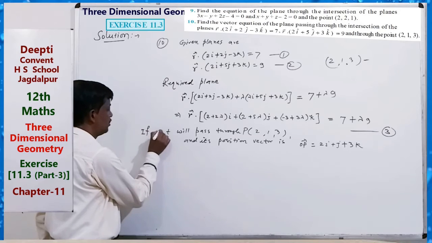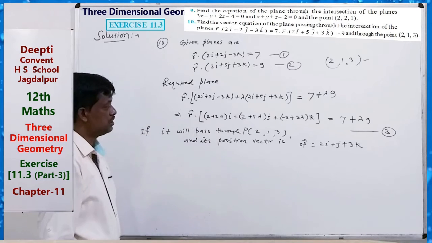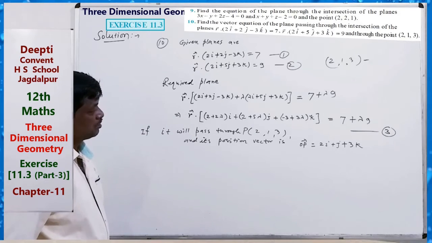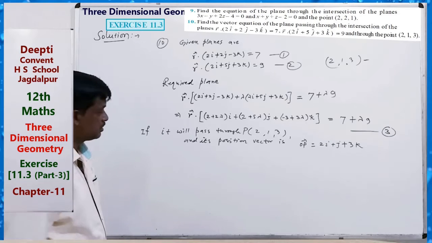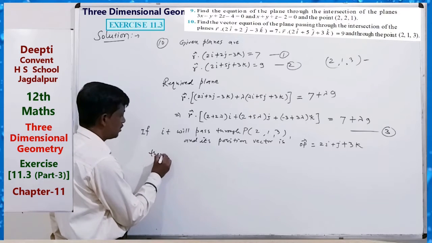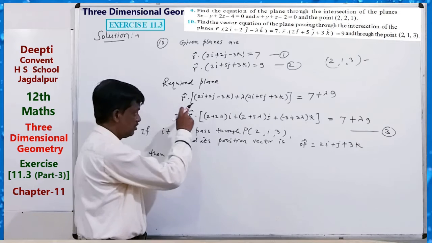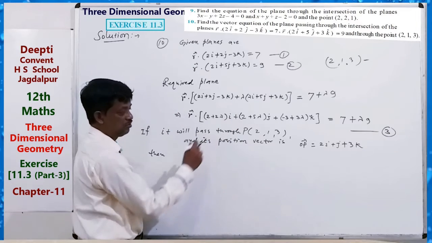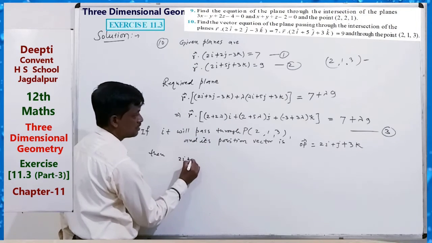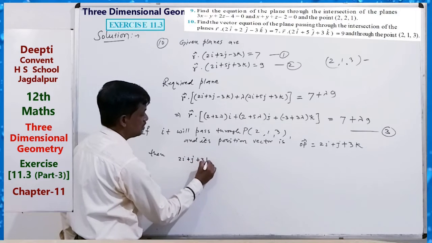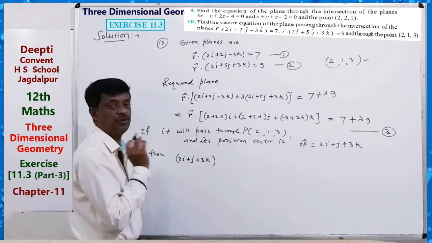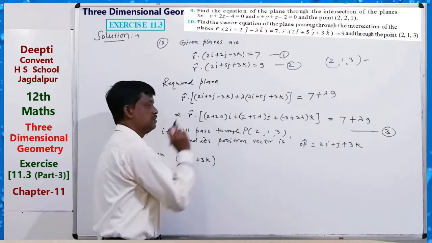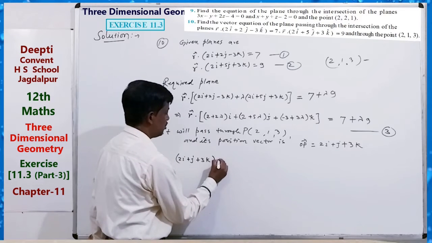If it passes through this and its position vector is this, then just put in place of r, 2i + j + 3k. The point will satisfy this equation.